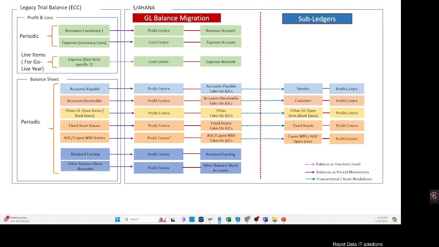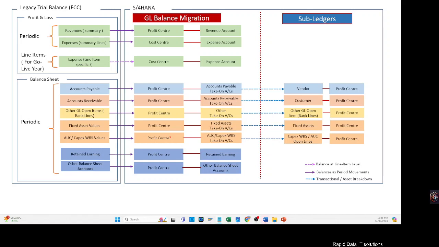So when somebody looks at the balance of those accounts as of the cutover date, which could be middle of the year, then they should be able to see the total balance which is live to date, which comprises the opening balance and the year to date, the periodic movements for all the periods in the current fiscal year.